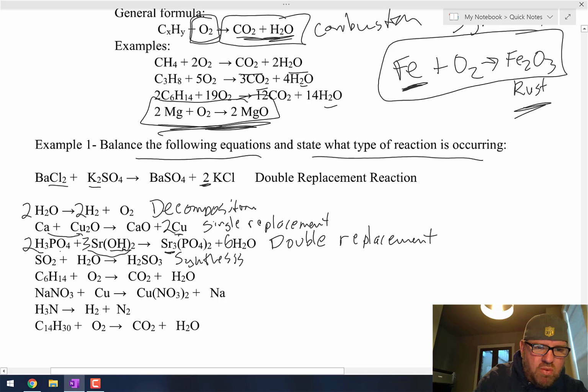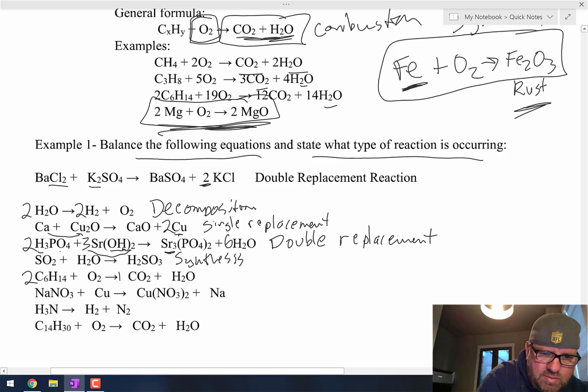And then we've got 6 carbons, 14 hydrogens, so we need a 7 there. That does create 19 oxygens all total on the right-hand side, so that is an odd number, so I'm going to go back to the very beginning and double everything.